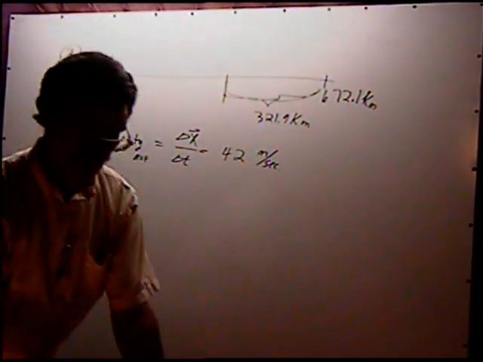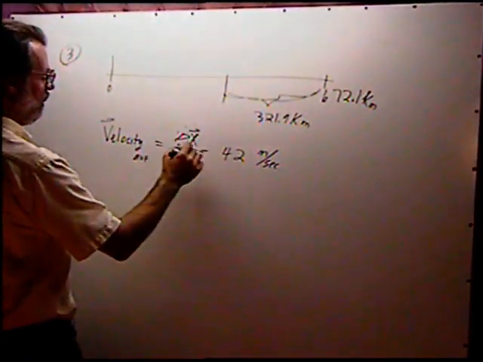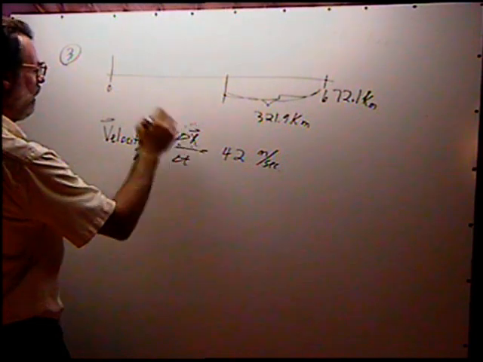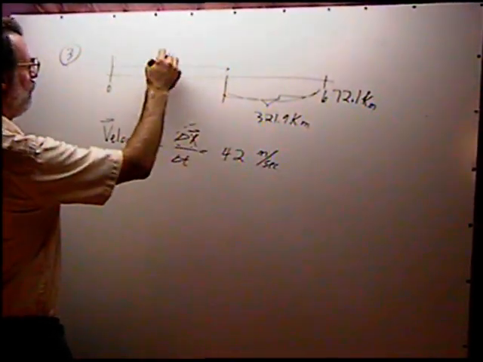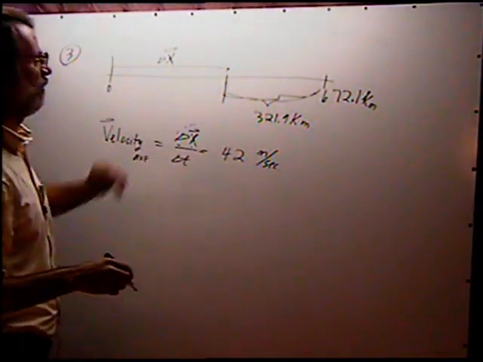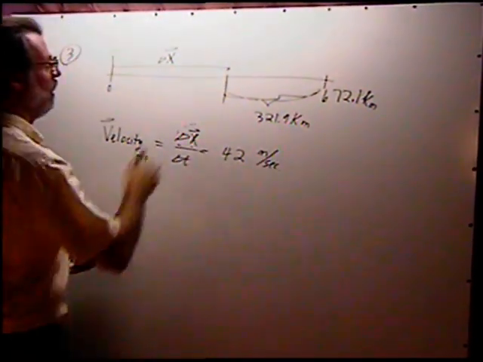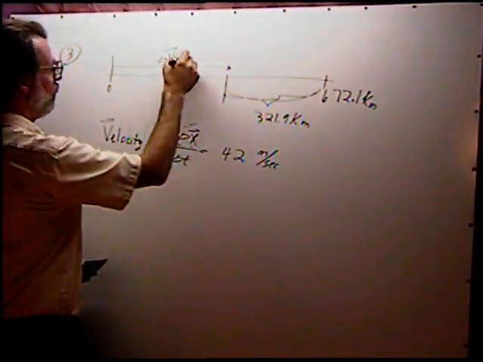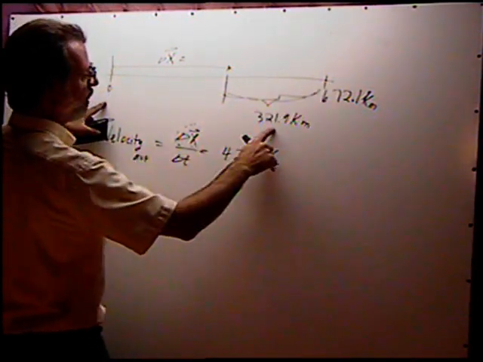So, we know that this delta x here, this displacement, goes from the initial to the final position. So we have to know what this is. This is going to be this total distance minus this.